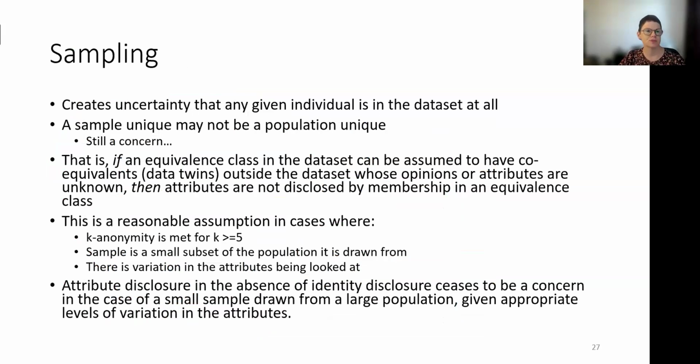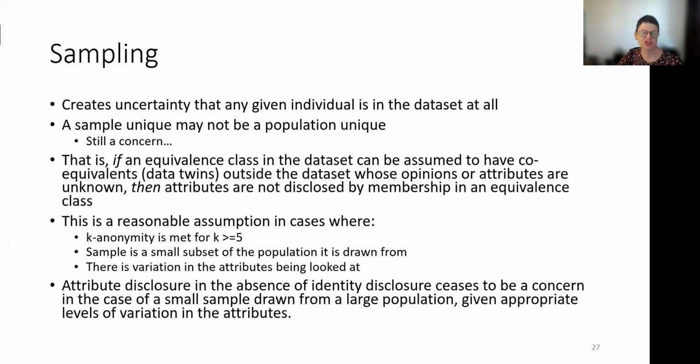So if you can assume that an equivalence class in the data set has data twins outside the data set whose opinions or attributes are unknown, then attributes are not definitively disclosed by membership in an equivalence class. And this is reasonable to assume where anonymity is met, the sample is a small subset of the population it is drawn from, and there is reasonable variation in the attributes being looked at.